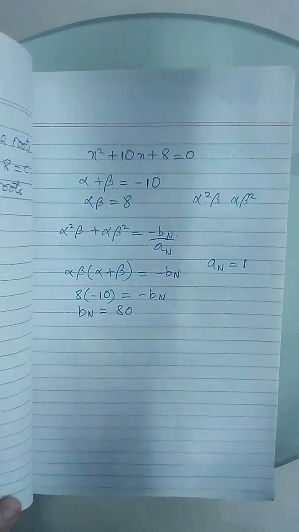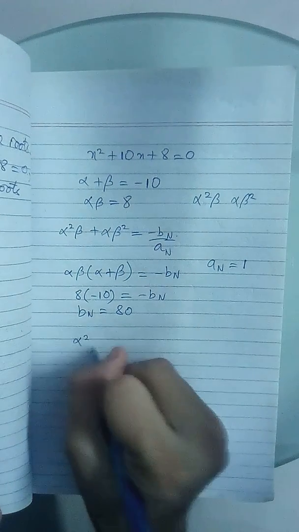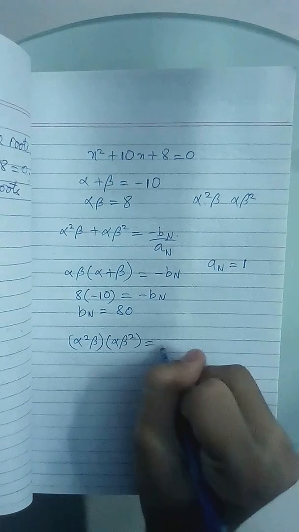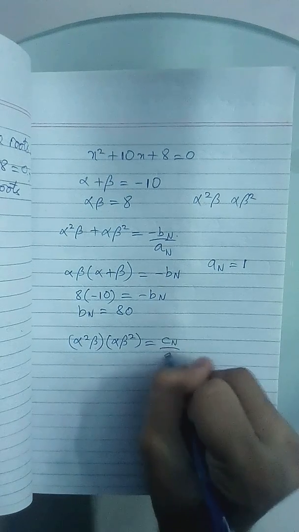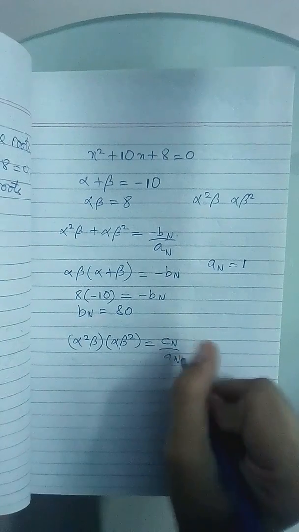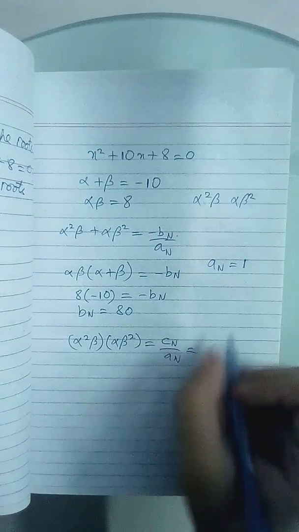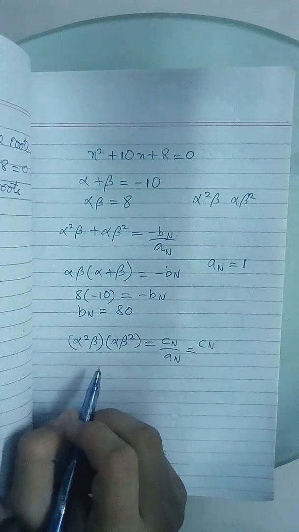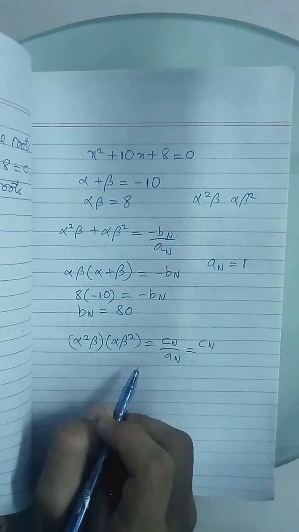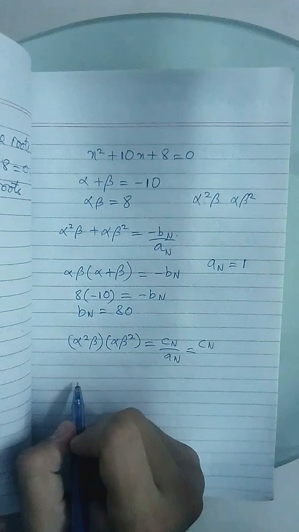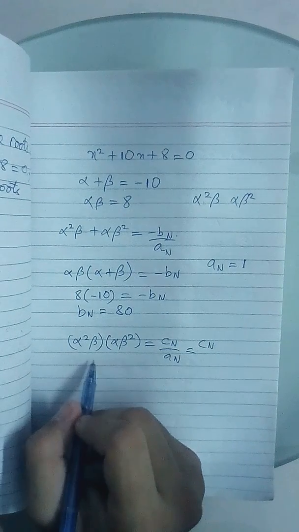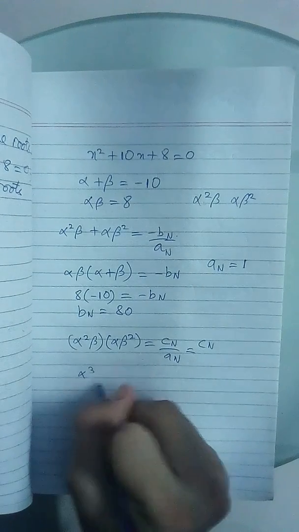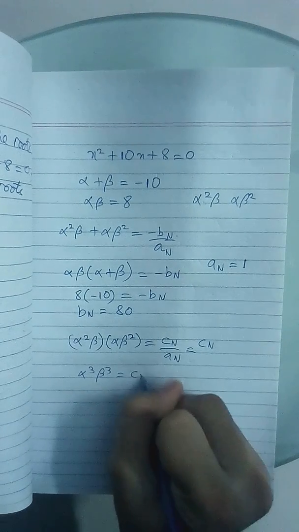Now in order to find the value of c, we must multiply these both terms, which equals Cn upon An. Since An is equal to 1, we have Cn equals alpha square beta multiplied by alpha beta square. If we apply the law of indices and open up the brackets, we obtain alpha cube beta cube equals Cn.